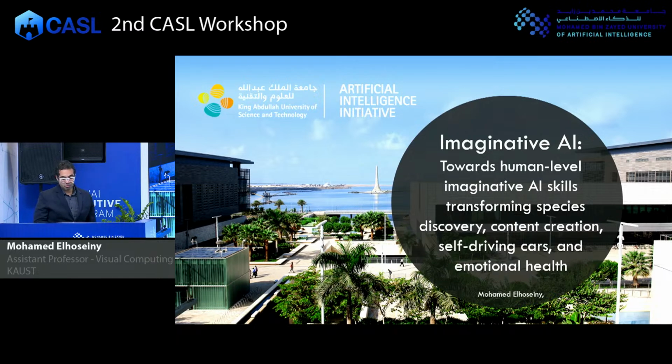I have been chasing how to develop this skill better for the past 10 years. I refer to this skill as imaginative AI. I believe it's one of the important skills that could be of increasing importance in the next years, and it may have implications in transforming species discovery, content creation, self-driving cars, emotional health, and maybe more than that.